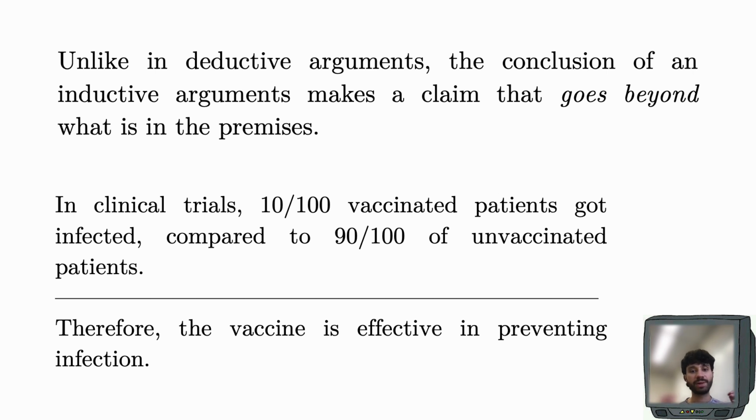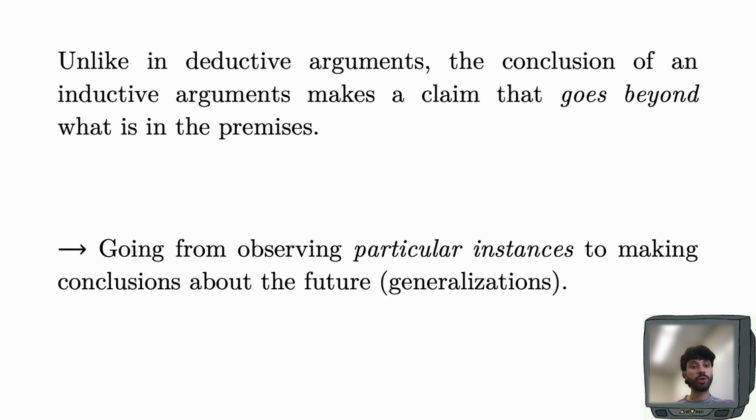Right? That's not implicit in the premise of the argument. You're making a step beyond. That's the inductive step or the inductive risk. So you're going from observing particular instances, like an experiment or many experiments, to making conclusions about the future. And these are called generalizations.